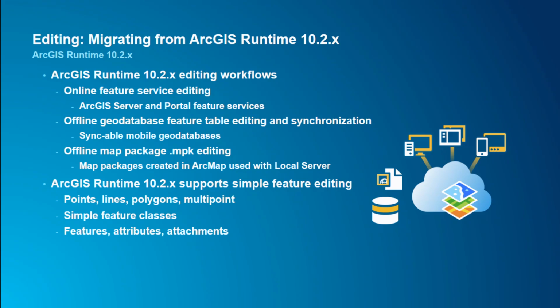That's a valid workflow, but it's a much more complicated arrangement than actually working with feature services and working with sync-enabled feature services to get mobile geodatabases. So that would be a sync-enabled feature service, and a mobile geodatabase would be the promoted workflow.